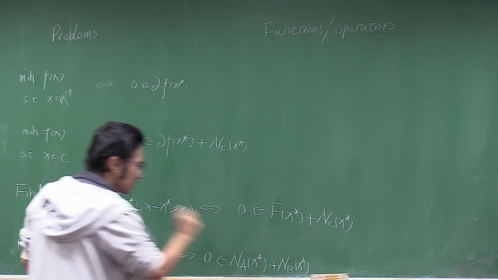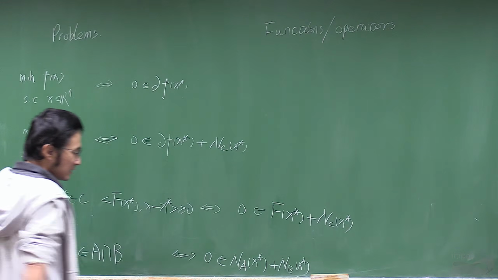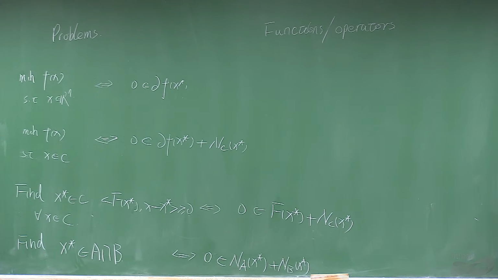If we have the point x star such that 0 belongs to the normal cone of A plus the normal cone of B, then it is equivalent to solving this problem.